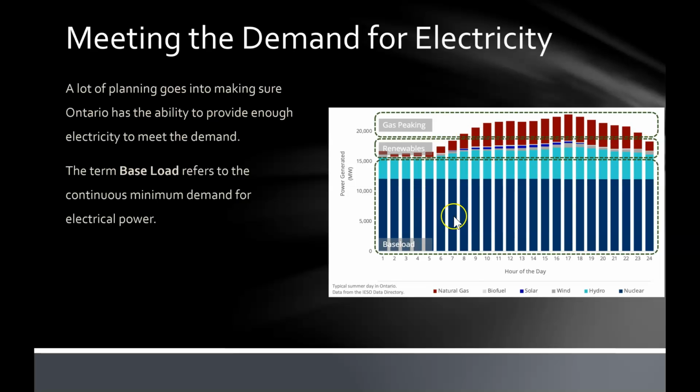Most of the energy in Ontario is produced by nuclear. Nuclear energy provides the base load, the minimum demand of electrical power.